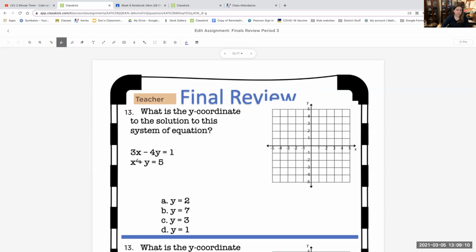Or we can try and solve this by substitution. If you want to solve by substitution, I would probably subtract this x, and I can make this into y equals negative x plus 5.